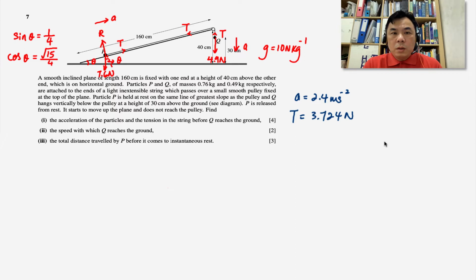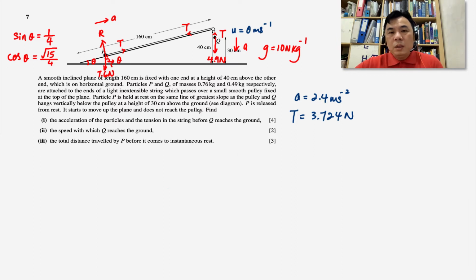So let's look at the second one now. We have obtained the acceleration of the system as 2.4 and the tension as 3.724 from part 1. Next we are going to look at how to find the speed with which Q reaches the ground. Initially we know that Q started off from u equal to 0 meter per second, right?